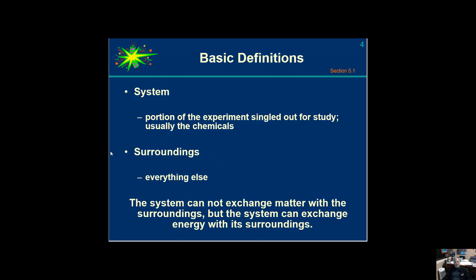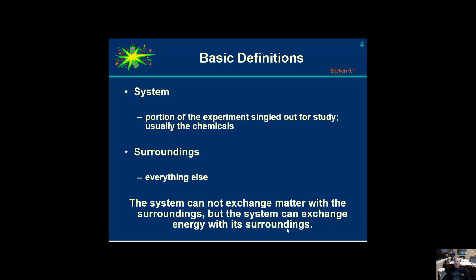And the surroundings are usually the immediate surroundings, but really, if you think about it, if we're studying the system, which is that portion of the universe that we're studying, the surroundings is just the rest of the universe, or everything else. Now, one of the rules that we have is that the system cannot exchange matter with the surroundings.